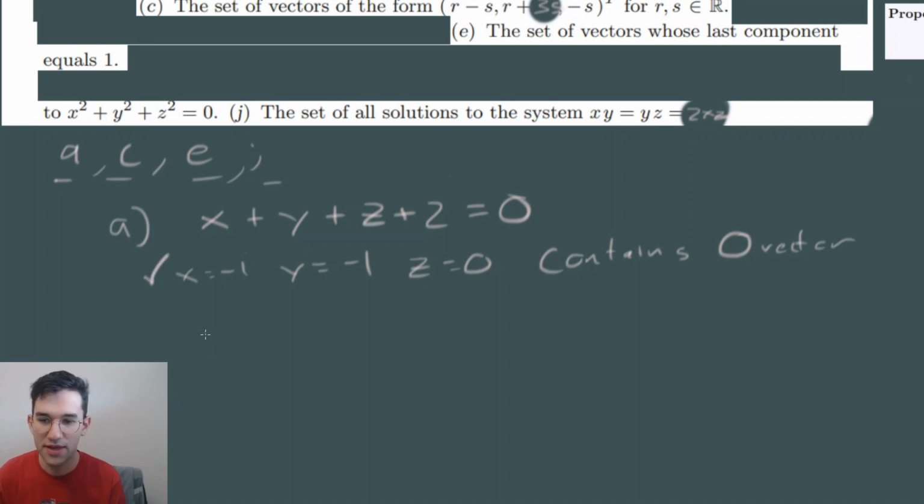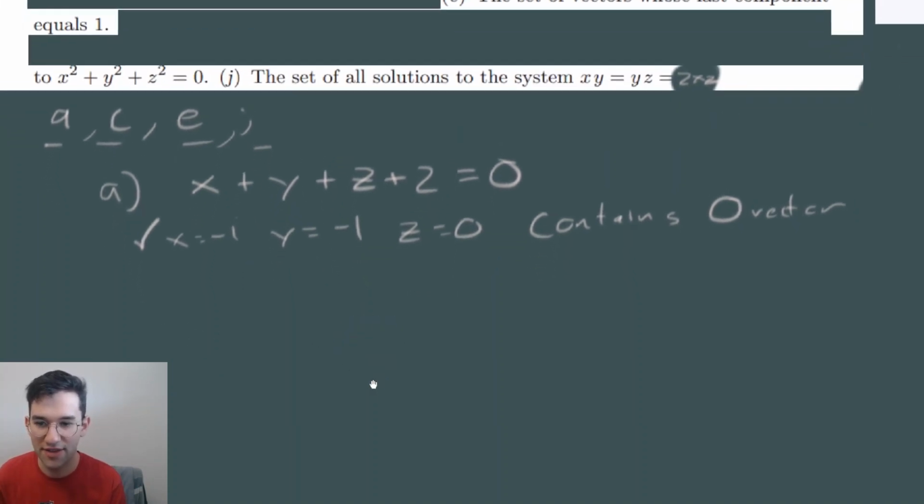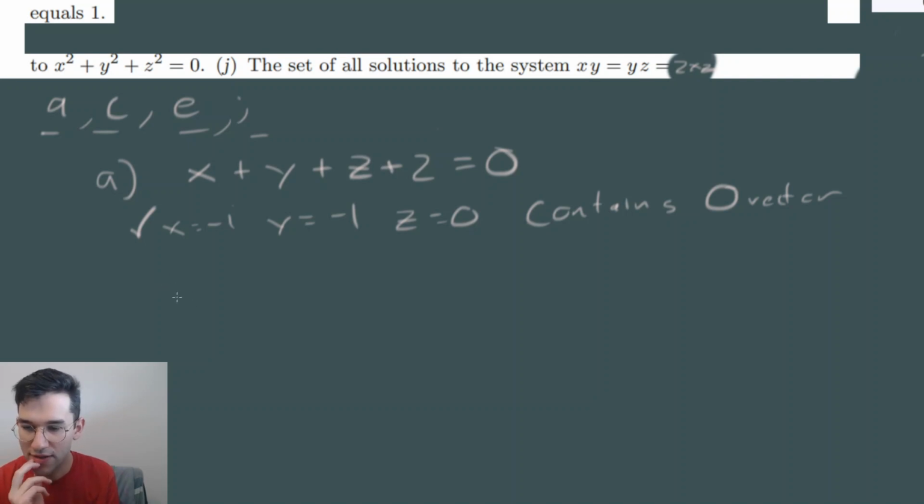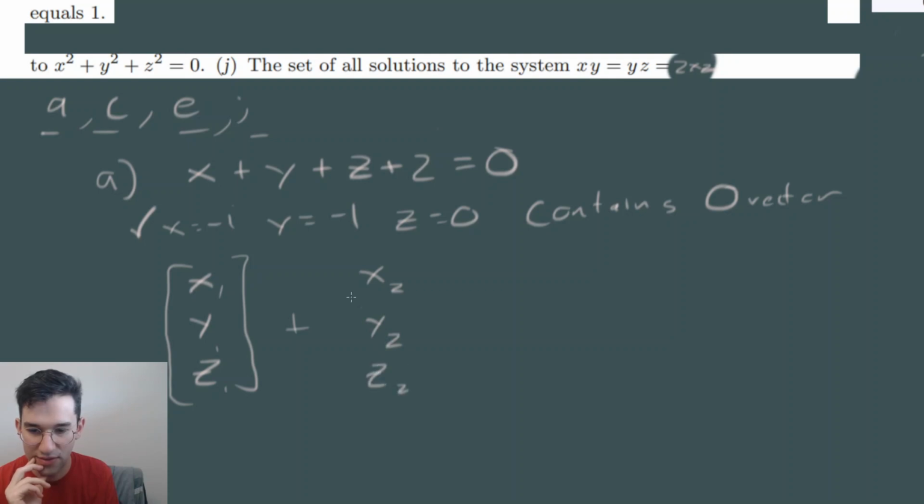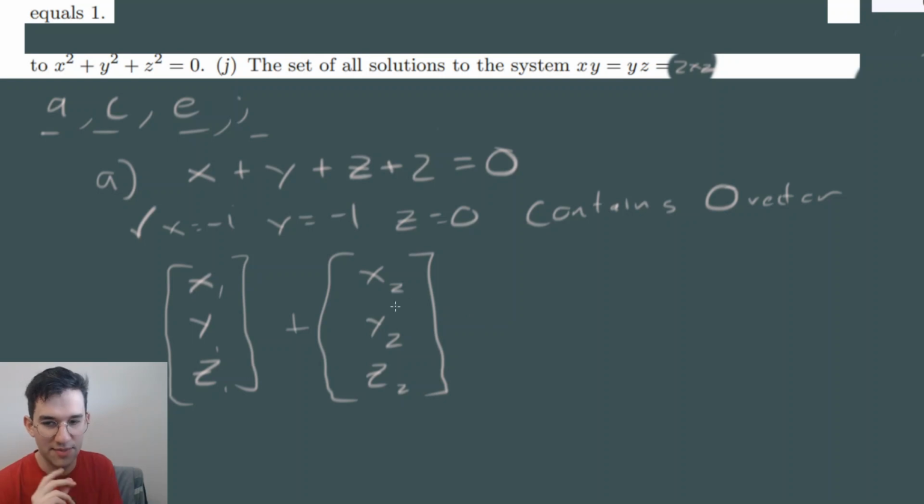Second condition, can we add two of them together and still have an element in the subspace? So let's take x1, y1, z1, and if we add that, let's write it vertically, x1, y1, z1 plus x2, y2, z2. Is this in the subspace?